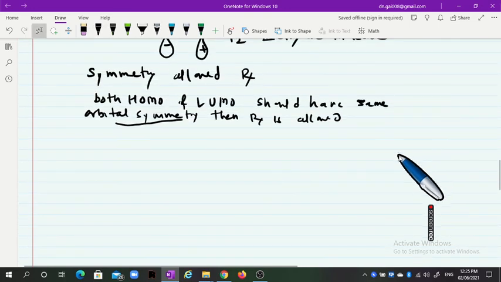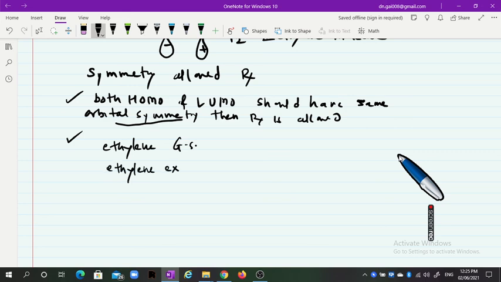The second thing we have observed is about the ground state ethylene molecule and the excited ethylene molecule. In the excited ethylene molecule, there is Psi1, Psi2 and Psi2 star; initially Psi2 star has 0 electrons, but after we pass light, excitation of electrons takes place.